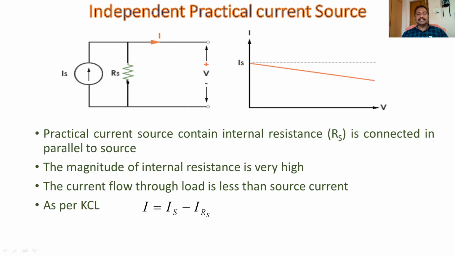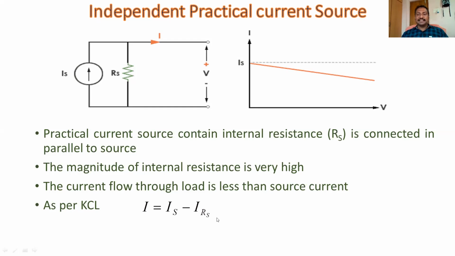You know what IRs is: voltage by resistance, V by Rs. If Rs is a very, very small value, 0.001, then what is this IRs? 1000. Therefore, I is equal to Is minus 1000. What is this value? Negligible, approximately 0.